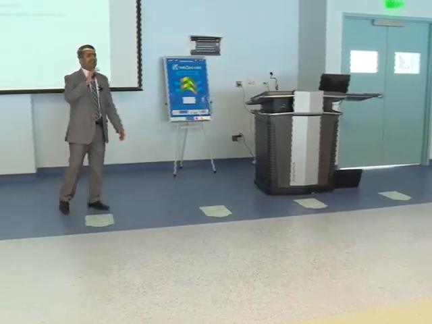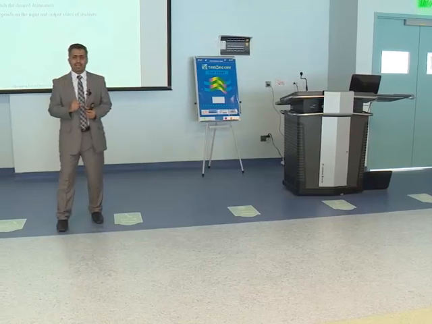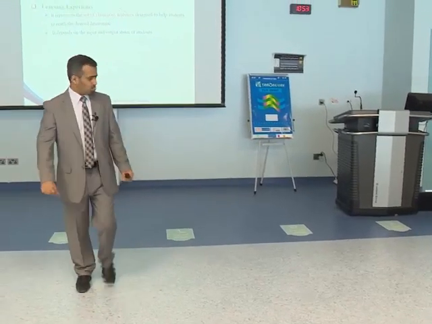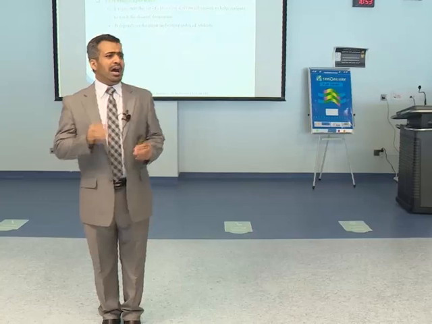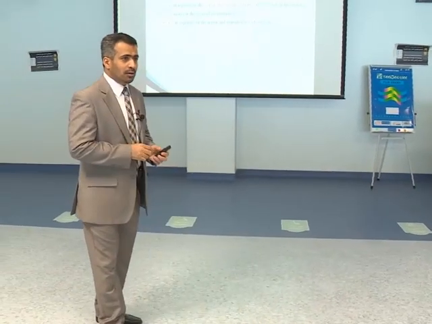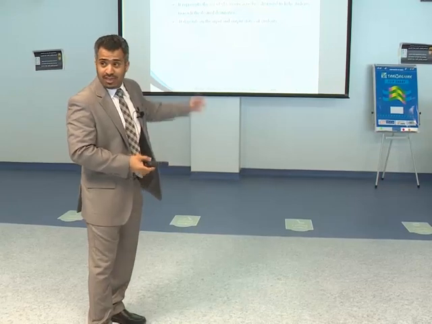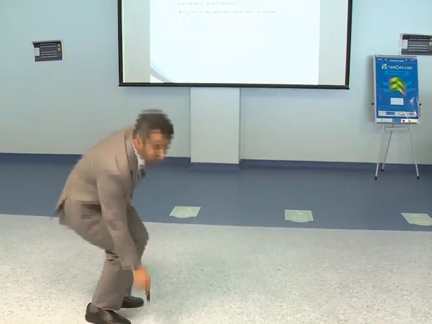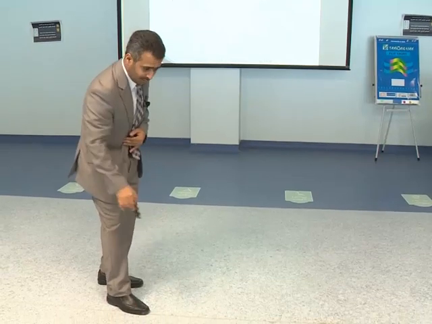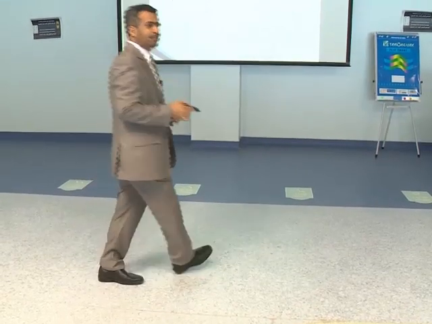Okay, let me assume something here. Suppose that you define your output goal, let us say for this pointer, to move from any point to this point, to this line here.